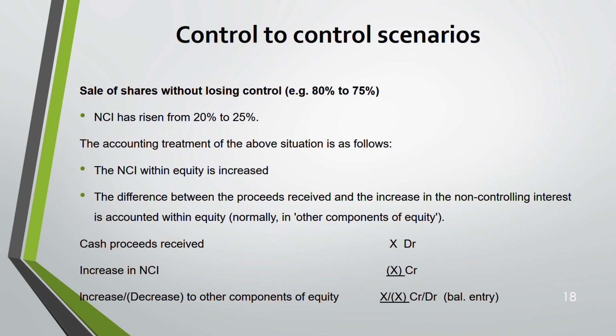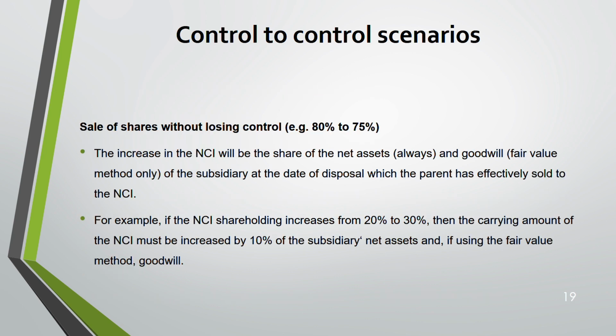Increase in NCI. Always, the increase in the NCI will be the share of the net assets, and the goodwill of the subsidiary at the date of the disposal which the parent has effectively sold to the NCI.